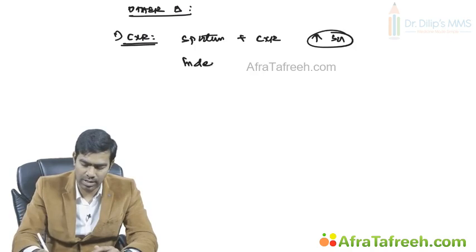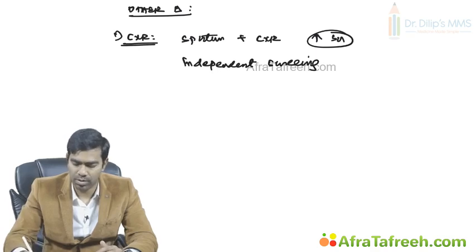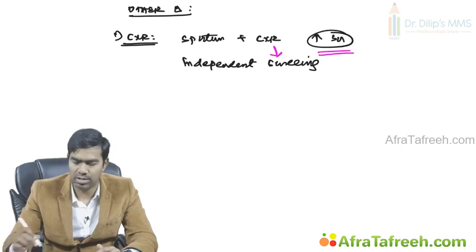The chest X-ray itself is an independent screening tool. In PSM, we would have studied that when any two screening tests are added, the sensitivity will increase. At the same time, the negative predictive value also will increase, but the specificity will drop. So that's what I'm trying to tell. Since you are using two sensitive tests, adding them together will increase the sensitivity for sure.